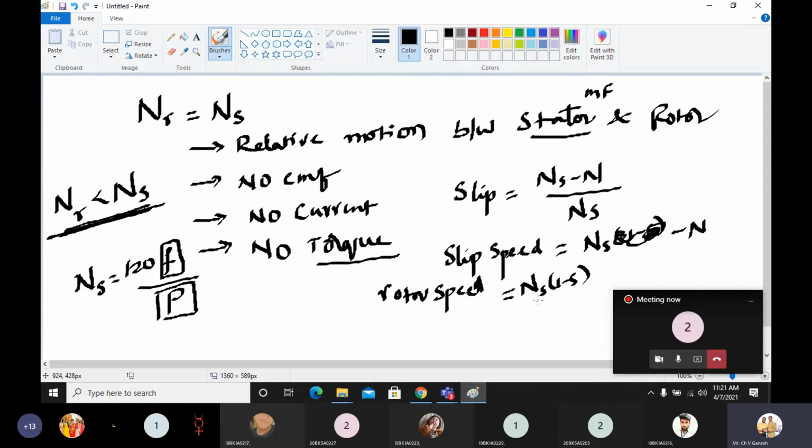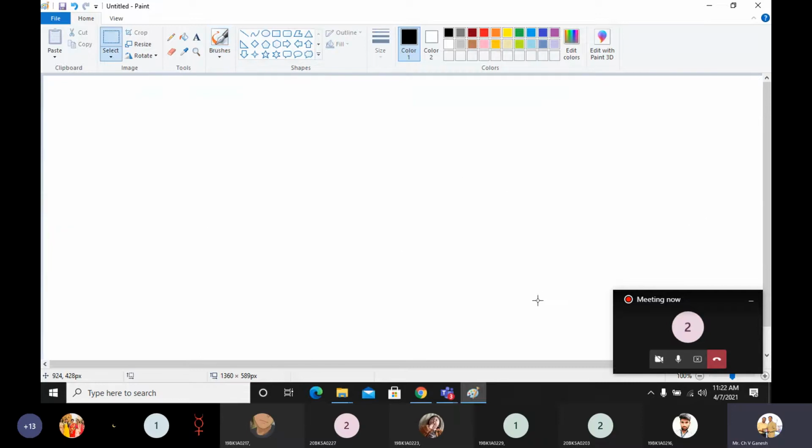Now we will discuss some example problems on this. Example: a 4-pole, 3-phase induction motor operates from a supply frequency of 50 Hz.